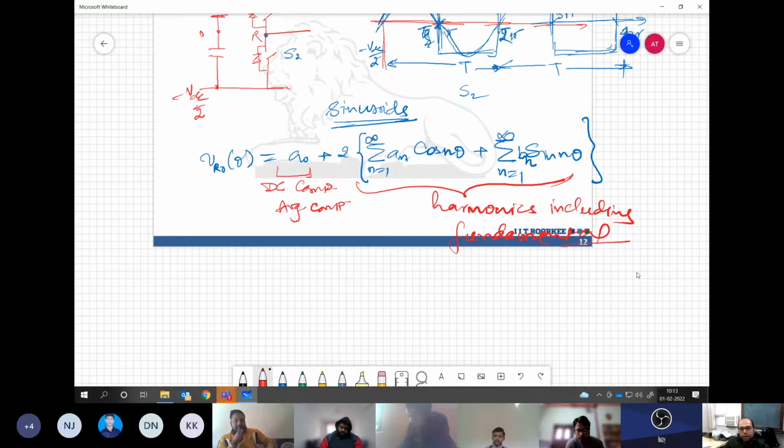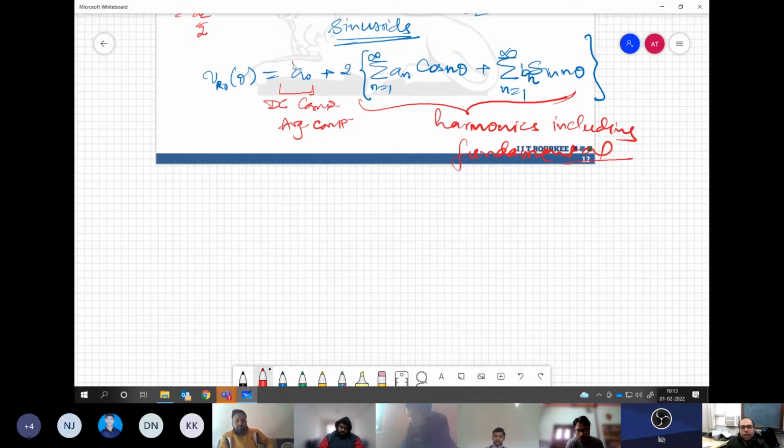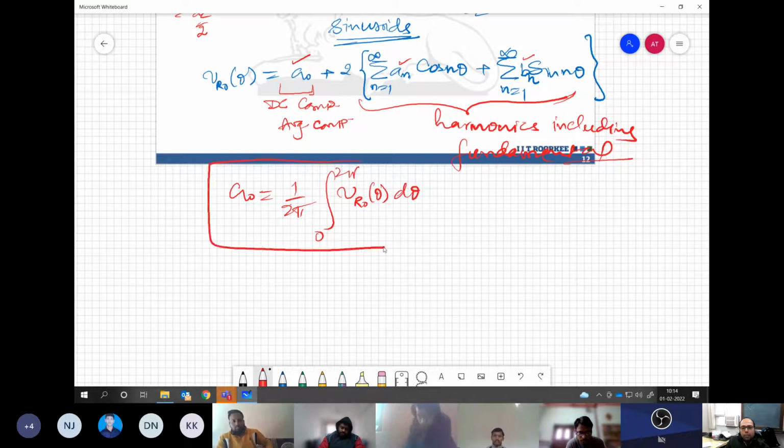Now we can express these coefficients A0, An, Bn in terms of what voltage we have and what we are trying to generate. A naught is basically the average of VRO over this one cycle. When I'm writing 2 over here, I'm trying to keep uniformity with what we are dividing over here.